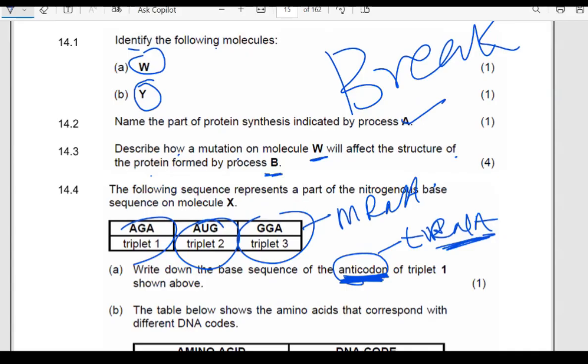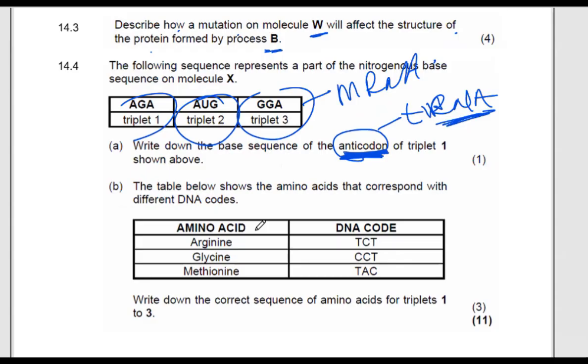So what is the next? The table below shows the amino acid that corresponds with the DNA. You see, they are saying now corresponding with the DNA. So you have messenger, you have tRNA, you have DNA. What do they want? Okay, let's find out the question.